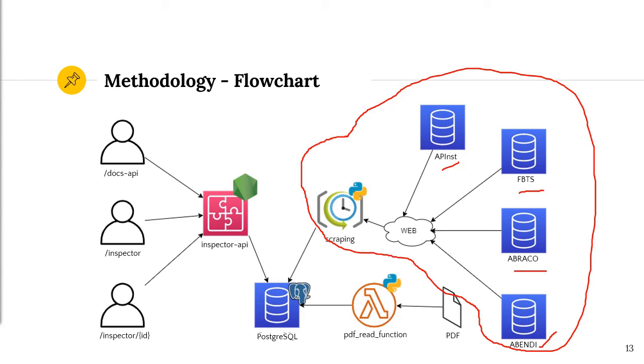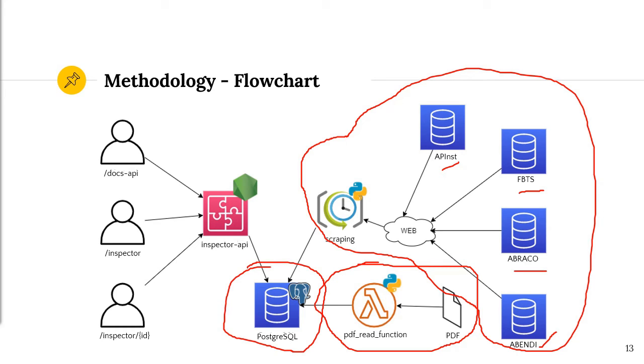The second is a PDF file with a serverless function that runs when it receives a document. The data is saved on a PostgreSQL database, and the API with Node.js searches the database according to the used route.